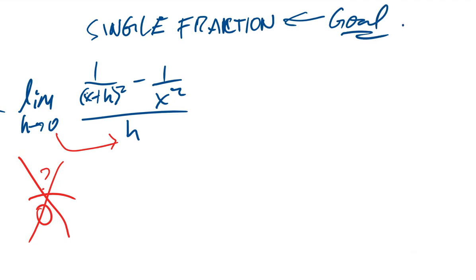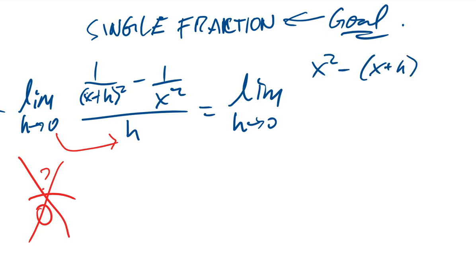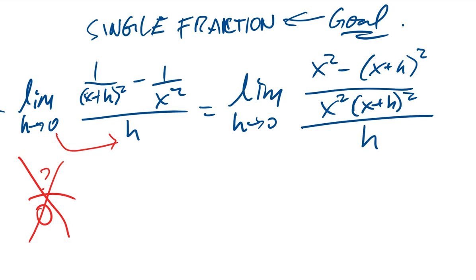All right, so I'm going to go ahead and analyze, or manipulate, the top. This is x squared minus x plus h quantity squared over x squared times x plus h quantity squared, all over h. So to go from this numerator to this numerator here, I just use this little fact.